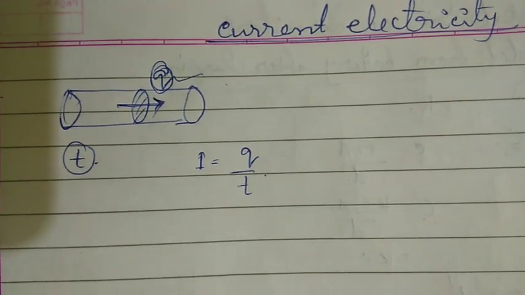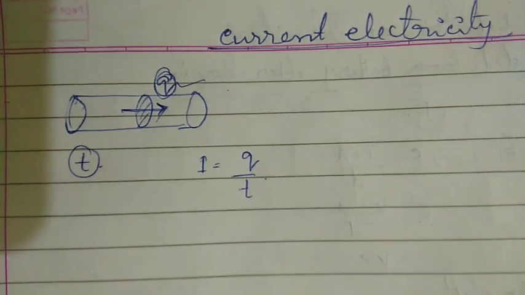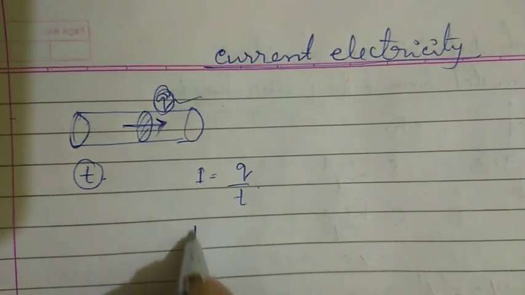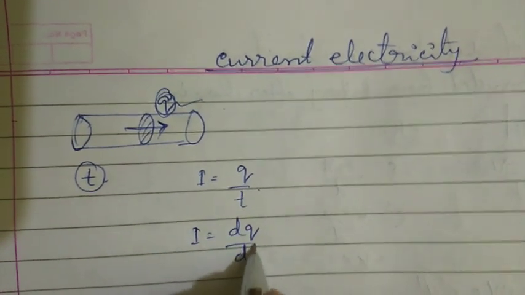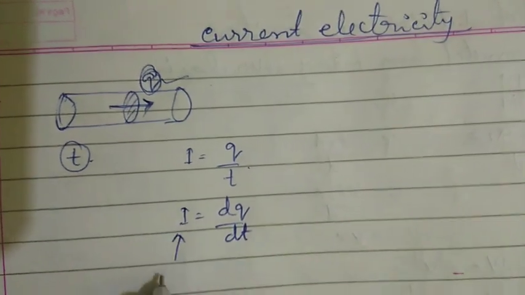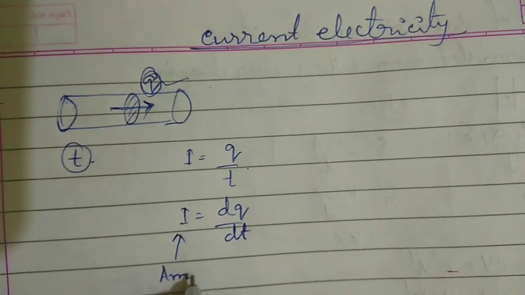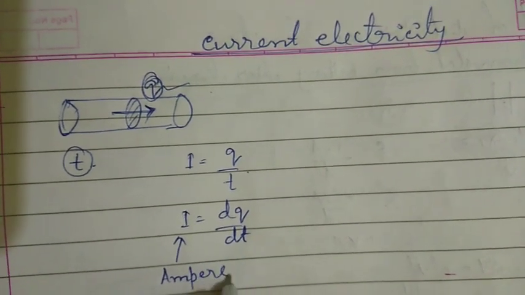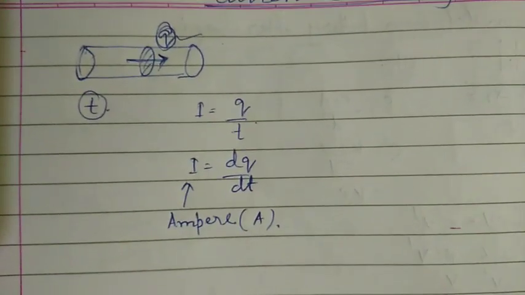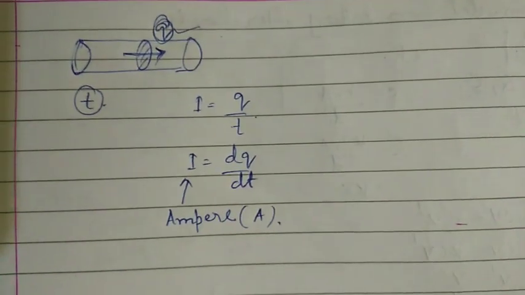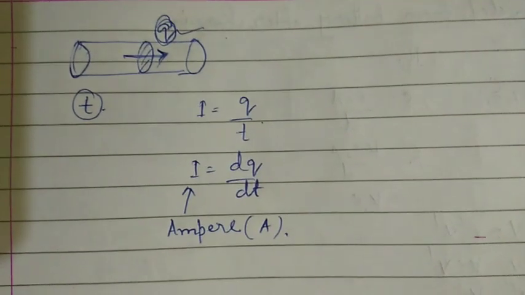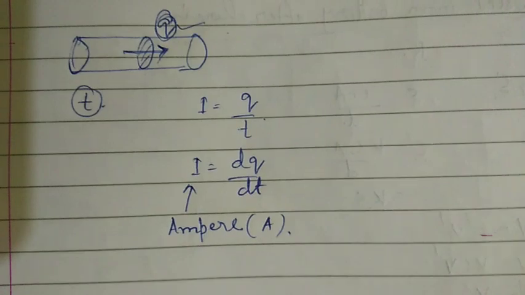Now it is not always possible to have a steady current, so sometimes we take a small time interval and write it in differential form like dq/dt, and you already know the unit of current is ampere, or capital A. Now we said that the movement of charges produces electric current, but if the movement is random, it may not always produce electric current. That we will discuss later.